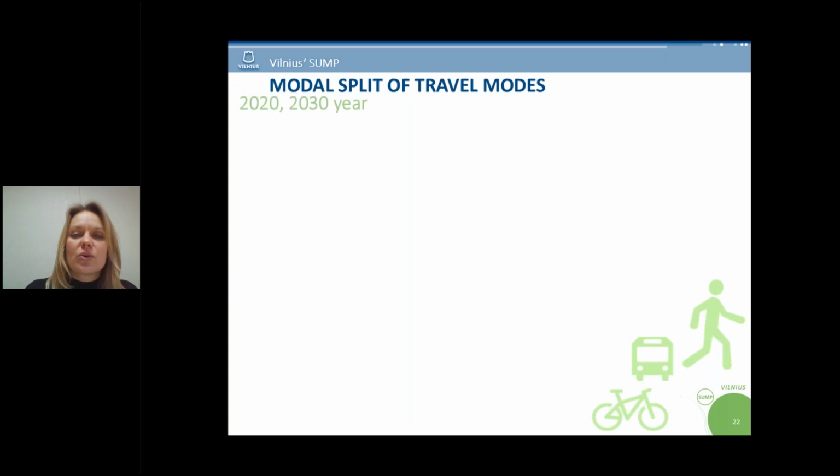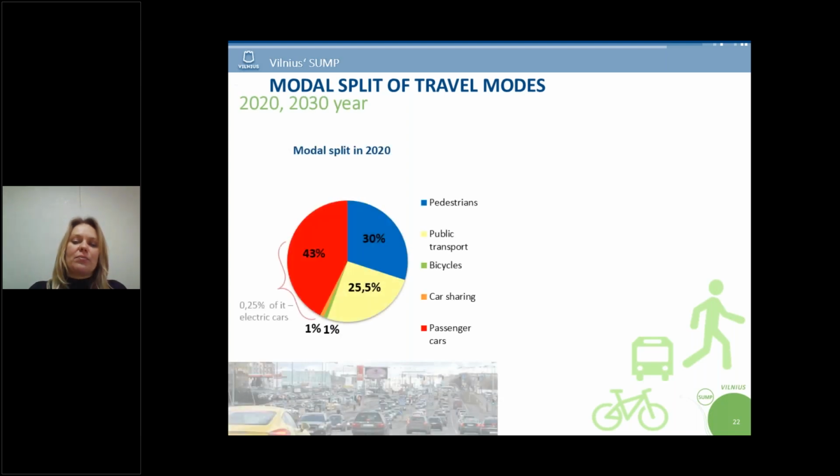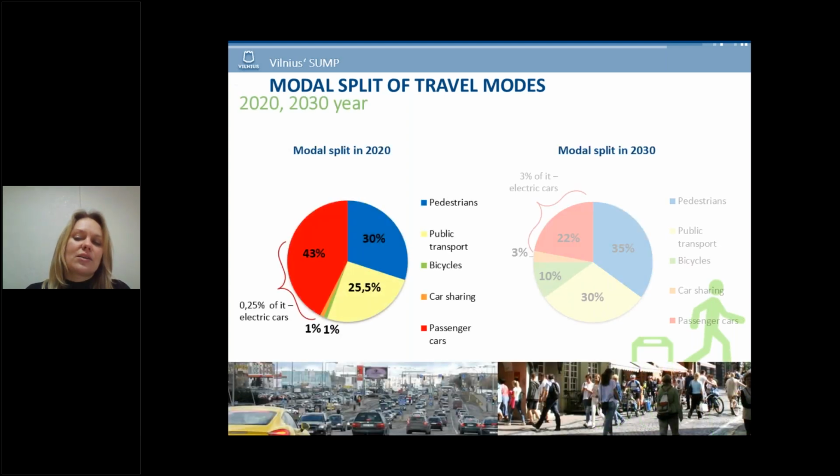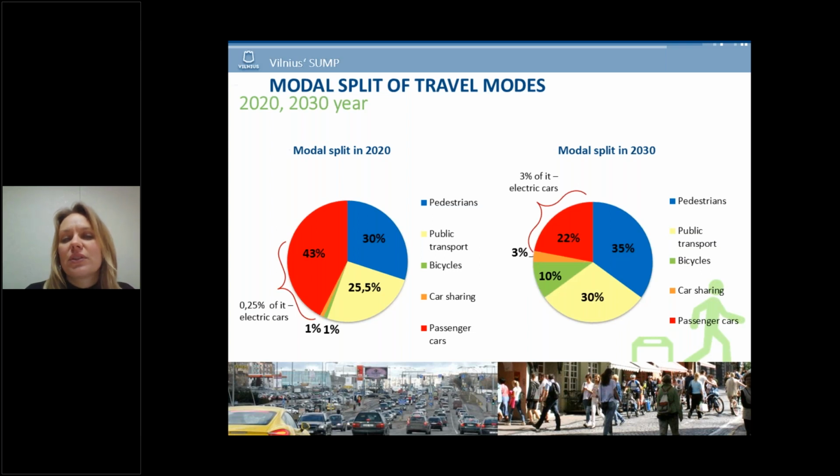So the best expression, the most important KPI for our vision and for our goals and objectives, of course, was modal split.